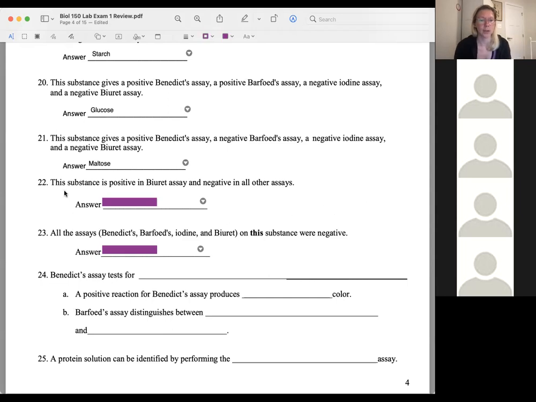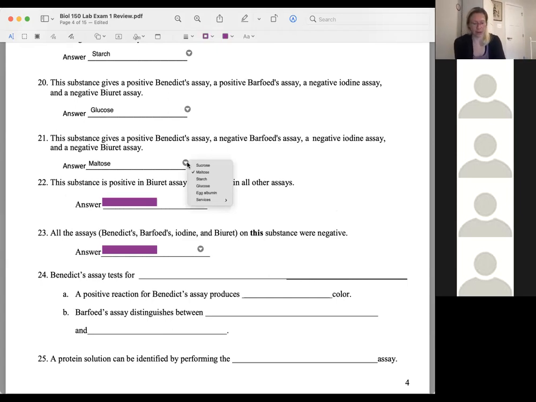And then the next one, it says a substance that is negative in all assays but positive in Benedict's. Let's see, why can't it be lactose? I guess it could be lactose. Since lactose is also a reducing sugar that is a monosaccharide, or excuse me, disaccharide.